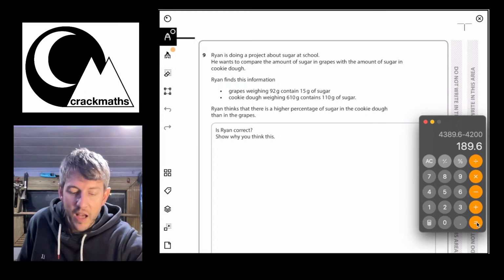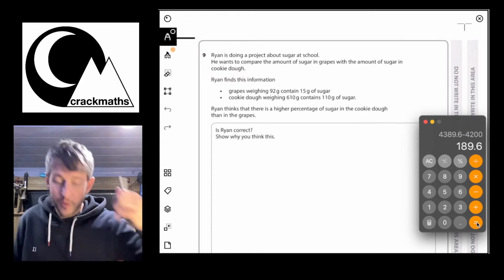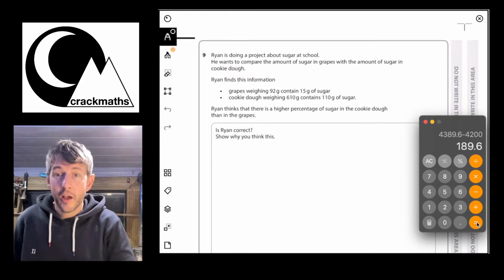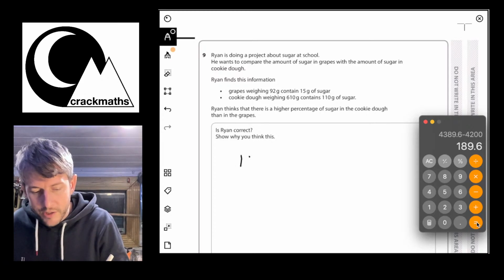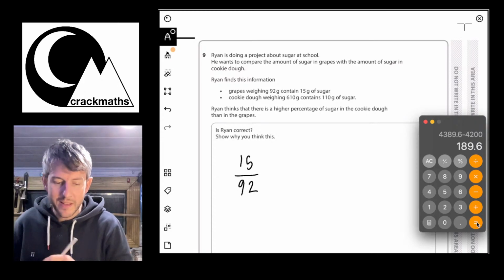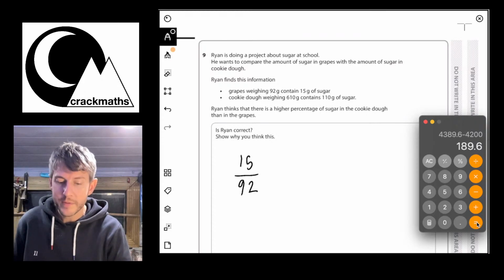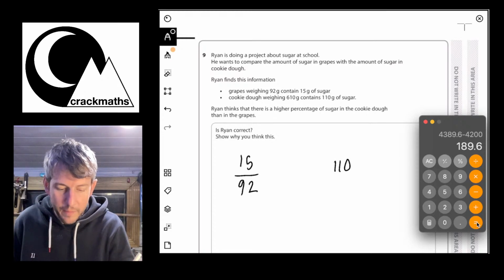Ryan thinks there is a higher percentage of sugar in cookie dough than in grapes. Right, is he correct? Okay, so the way we need to do this is we write out these as a fraction. So we've got 15 grams out of the 92 grams in grapes, and for cookie dough, we've got 110 grams out of the 610.